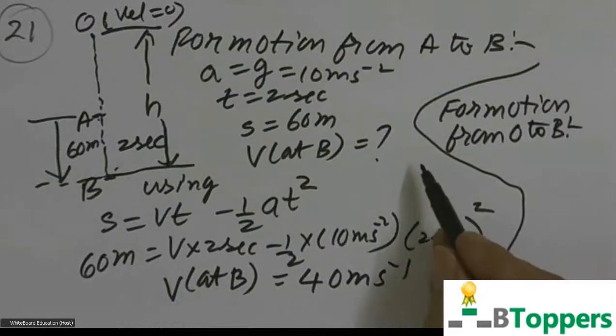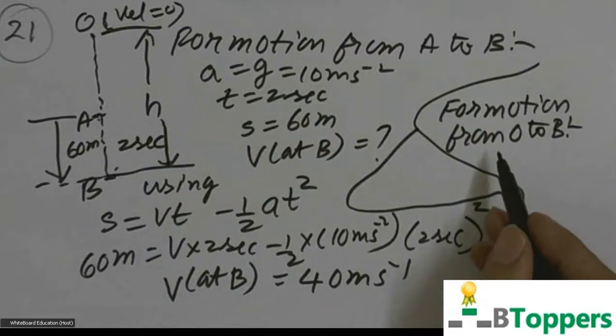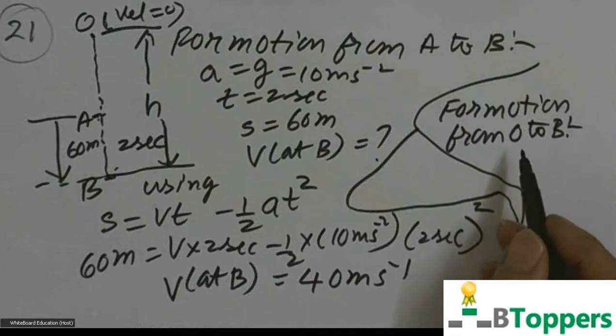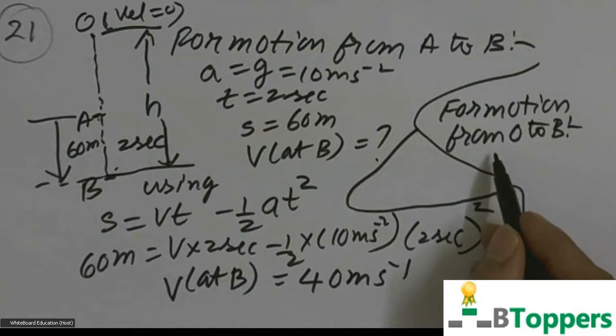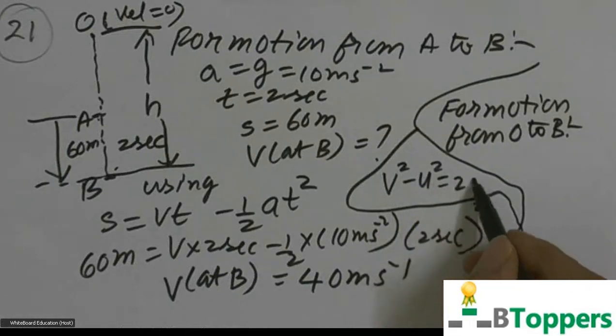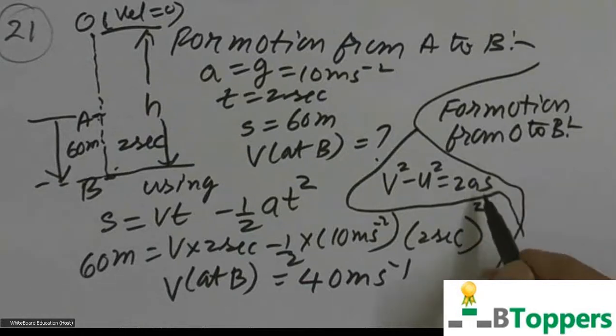Final velocity at B is 40 meters per second, and displacement equal to H. So use the equation v square minus u square equal to 2as for motion from O to B to find H here. In this problem, you are not asked to find total time of motion, and you are not given the total time of motion. Therefore, we are choosing the equation without the time t here.